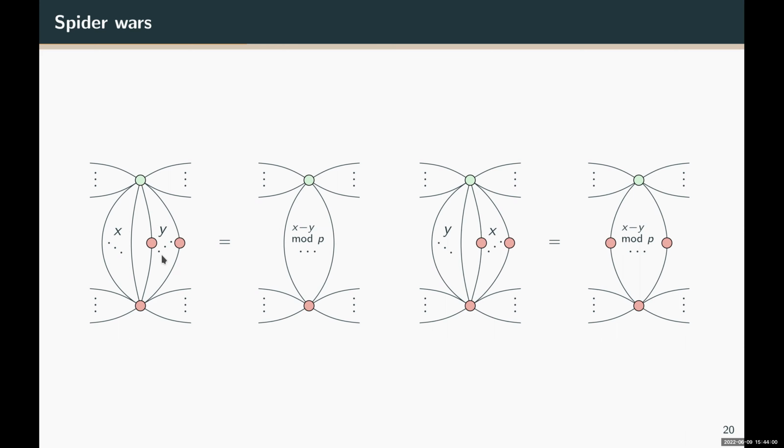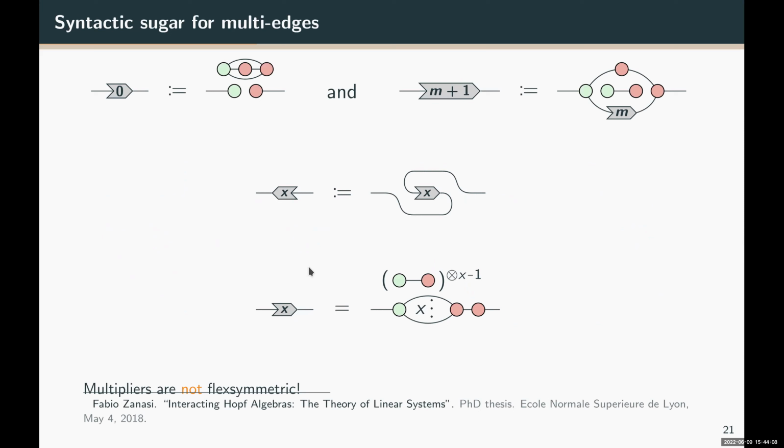And so given that these multi-edges seem to be of some importance, and in fact it's quite useful, we went ahead and introduced some syntactic sugar for representing these multi-edges in the calculus. And so defined what I call the multipliers, which are these guys here.